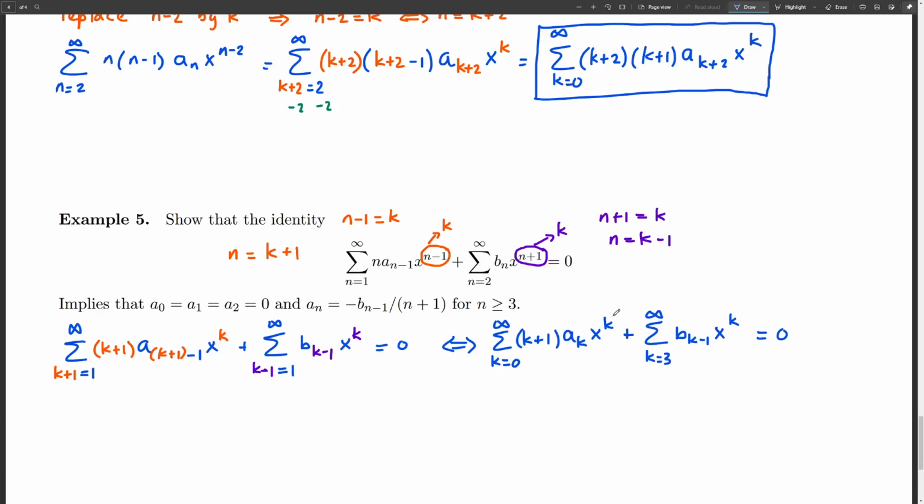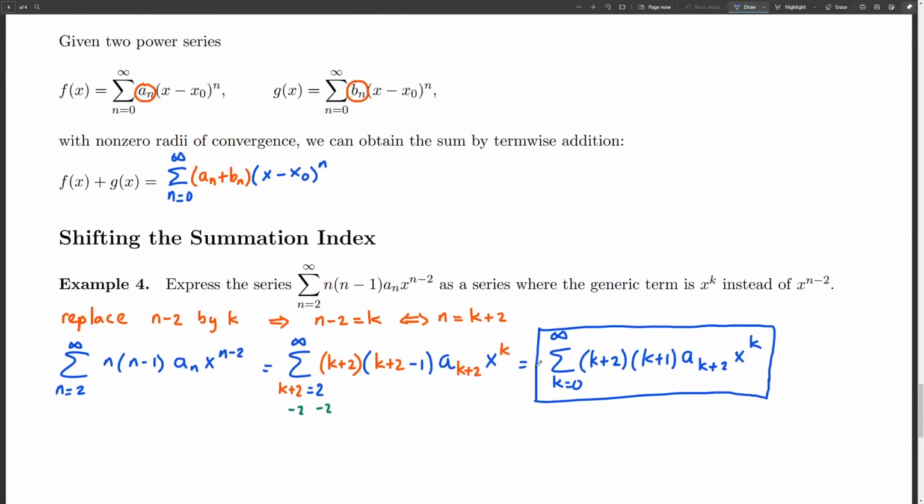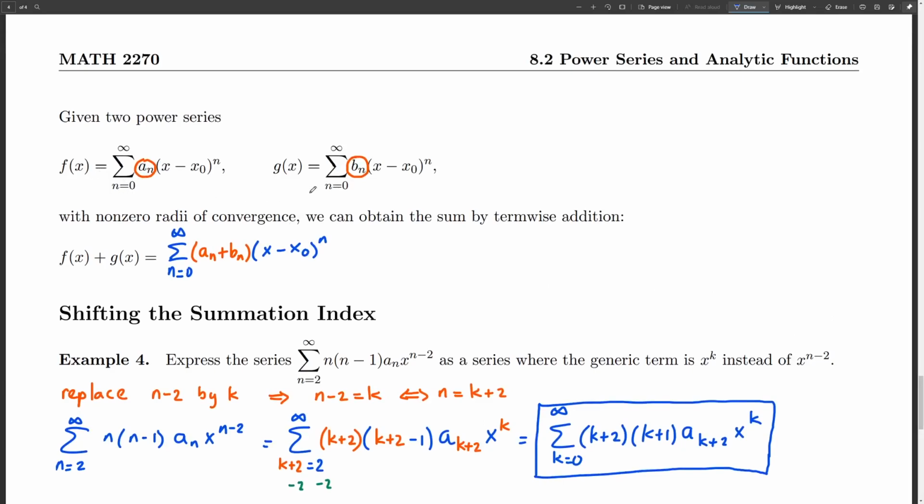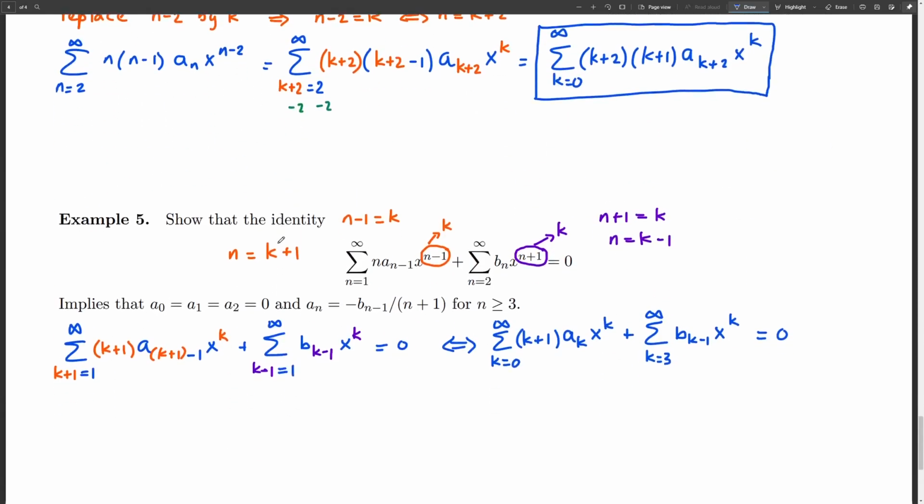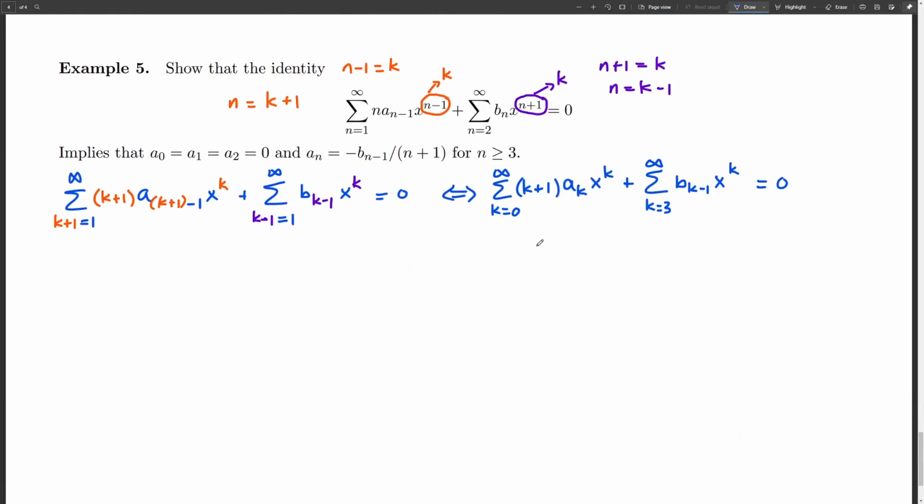Now, we're almost to the point where we can combine these two series, but another thing that we notice here is that for this example where f and g are given, both summations start at 0. So what we can do is write out the first 3 terms of this series. We're going to manually get k equals 0, k equals 1, k equals 2. And so then we can start at k equals 3.